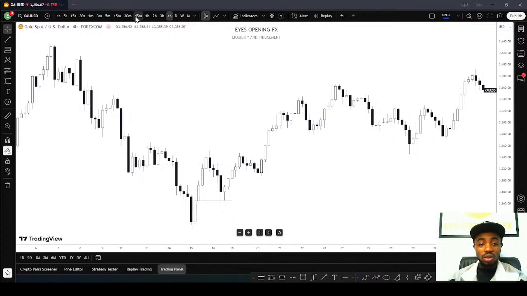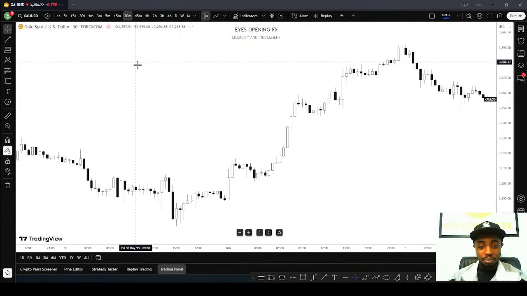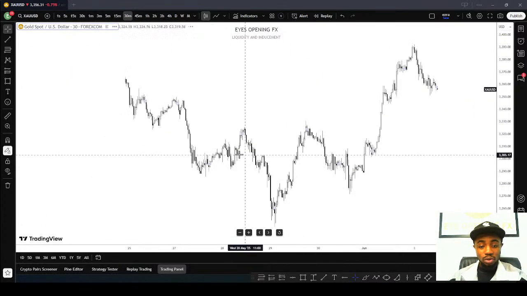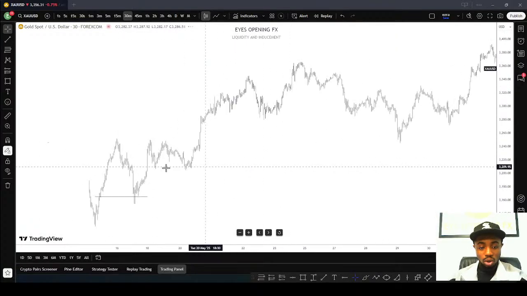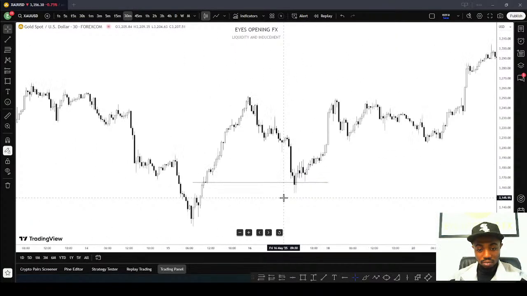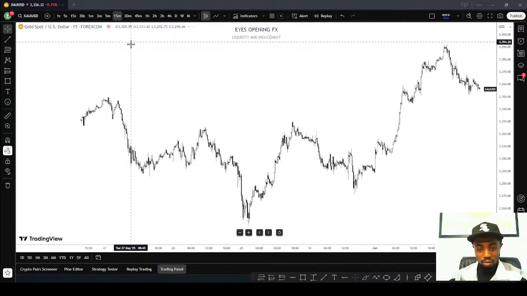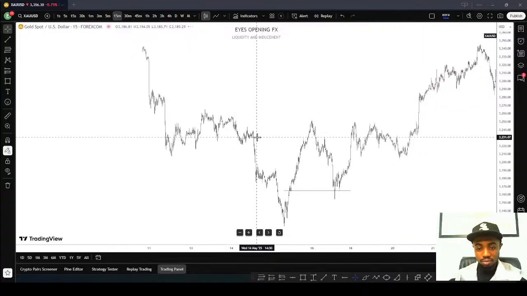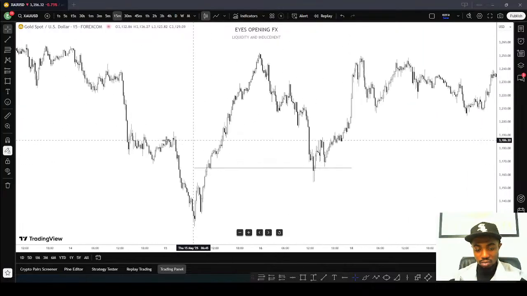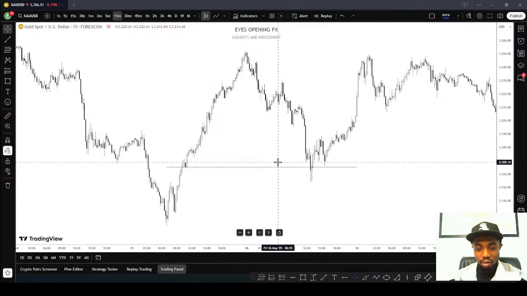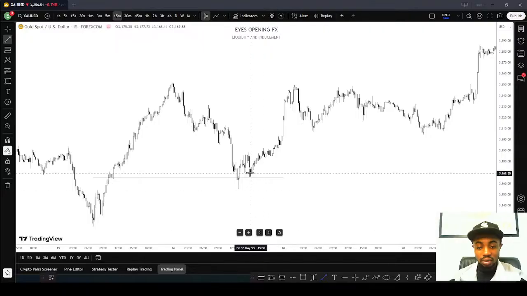So you can scale into the 15 minutes or 30 minutes time frame to look for a break of structure. On this time frame, you didn't see any structure here. You can go to the 15 minutes time frame around that level, which is this. The market broke structure to the upside here.